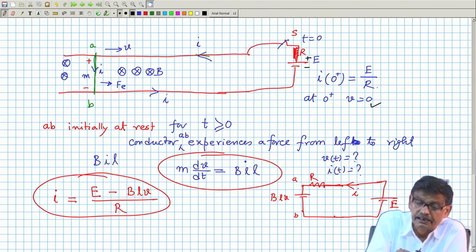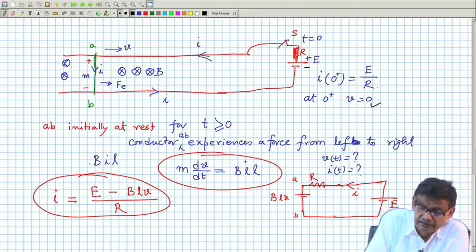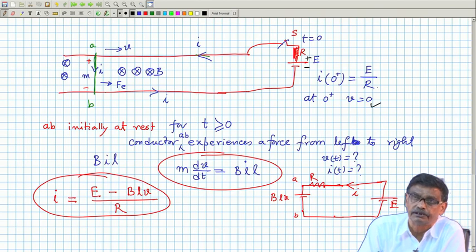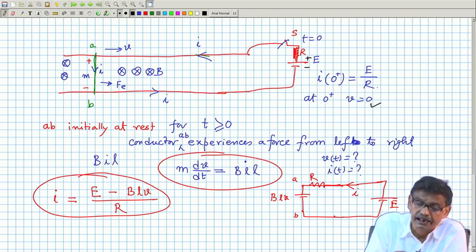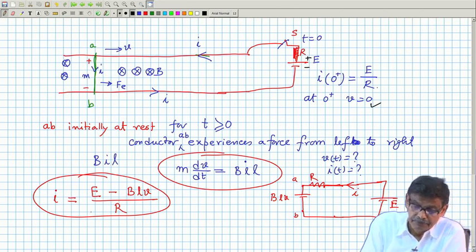Then we find that the current direction through the conductor is this. Therefore, I have to apply the left hand rule and I will get BIL, which will be the force experienced by the conductor AB from left to right, that is F_E, the electromagnetic force, generated because of the interaction of B and I, and L is the length of the conductor AB.